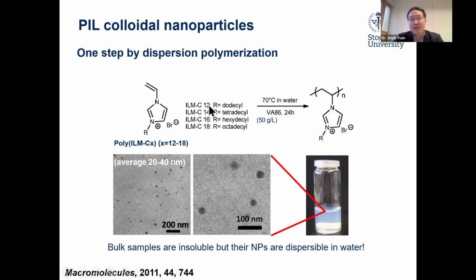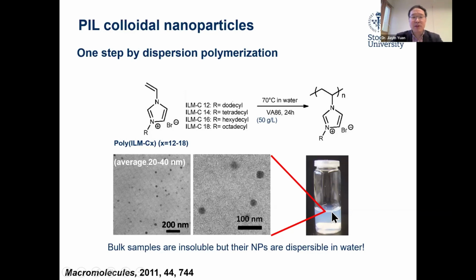It's very interesting because when the alkyl chain is long enough, to polymerize this monomer in water, you need only a water-soluble initiator. Here we use VA86 at 70 degrees C. This immediately produces a dispersion where you can see the image here at the concentration of 5%, right?